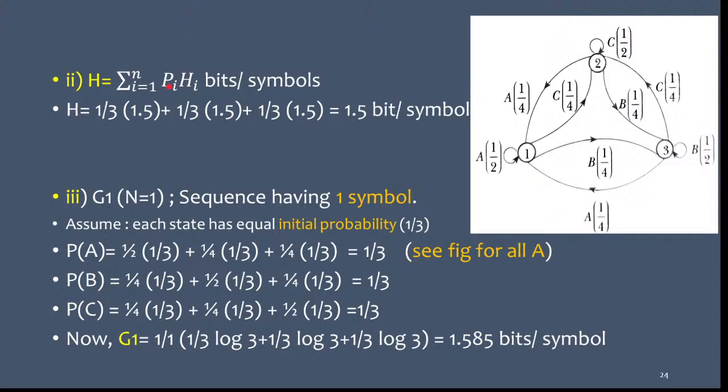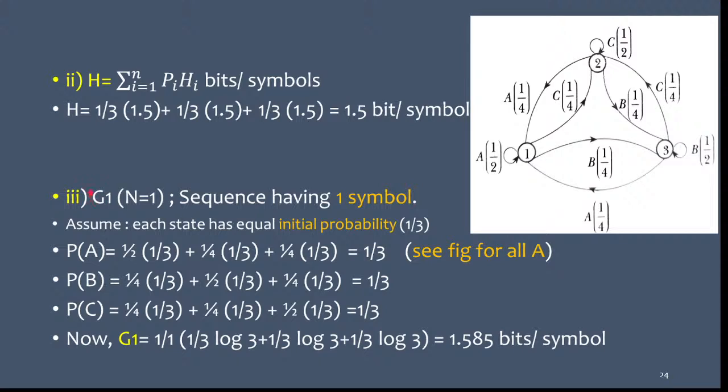That is 1 by 3. So 1 by 3 for A, 1 by 3 for B, and 1 by 3 for C. When we sum up all this, because we have a summation here, that gives the total entropy of the source. No matter what the initial state was, as we have considered all the states, we get the entropy of the source here.